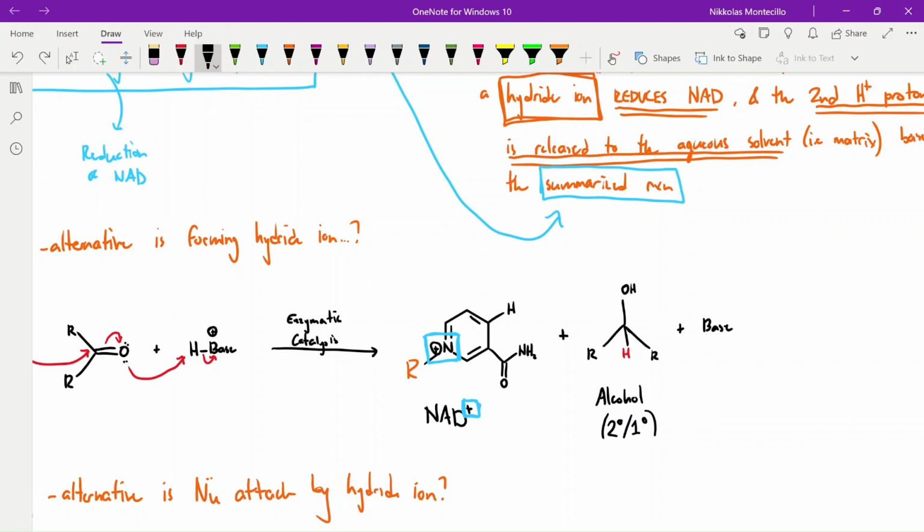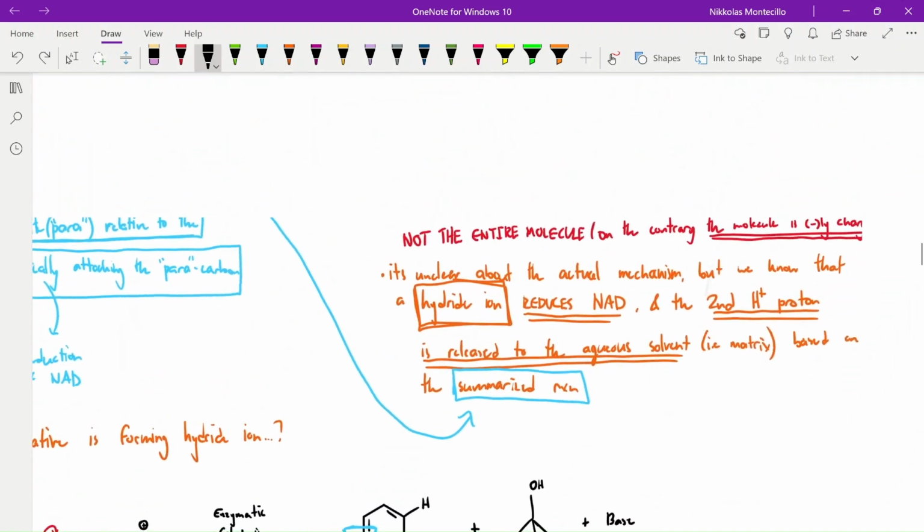Once this reaction goes to completion, the nitrogen now has a positive charge present on it, hence the reason why we see this as NAD+, right? And then we have a reduced alcohol plus a deprotonated base.